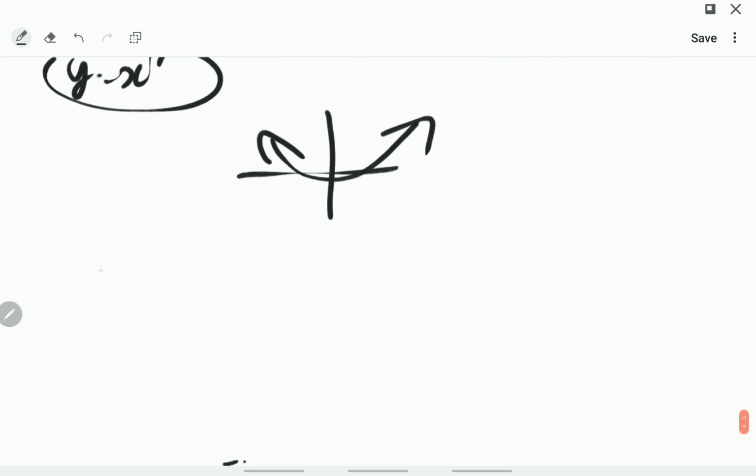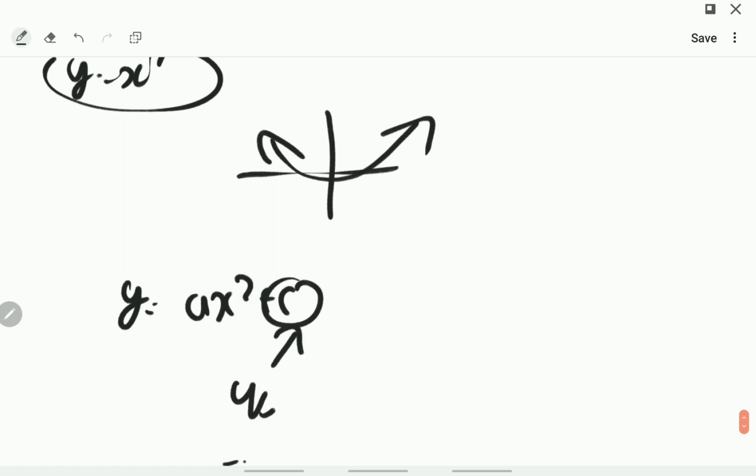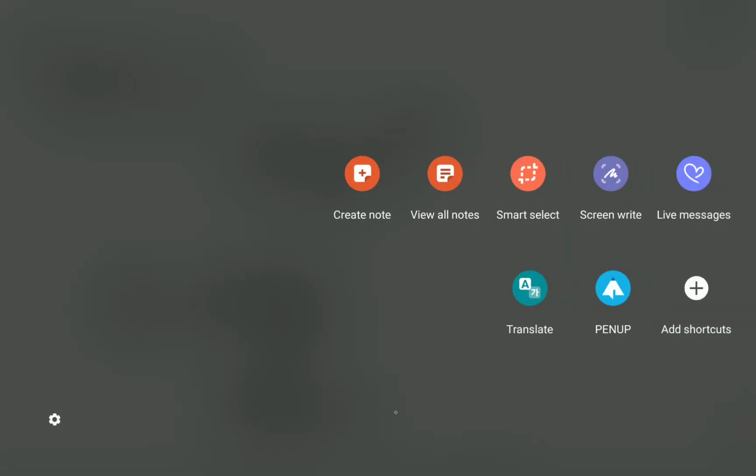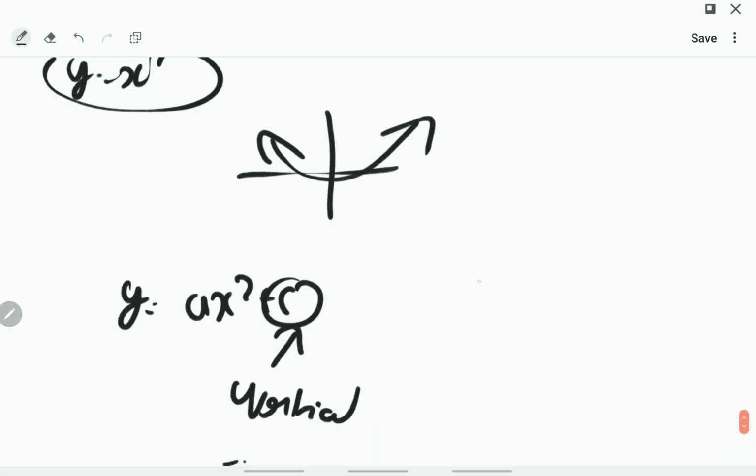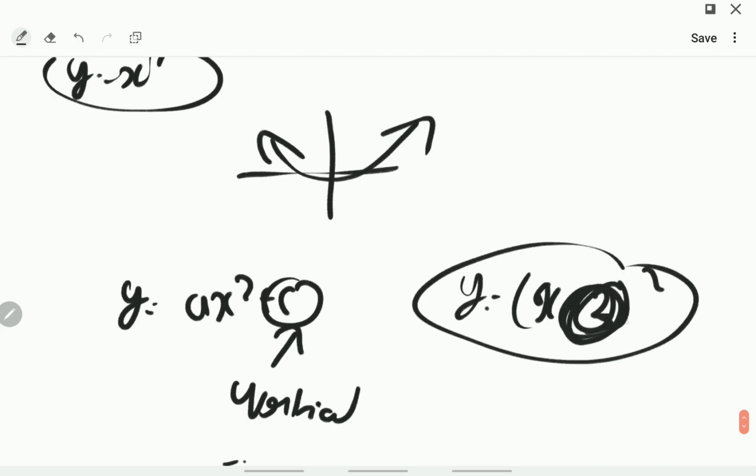And we have vertical translations. So when we say ax squared plus c, the c refers to the vertical translation. And for horizontal translation, you'll see y is equal to (x minus 3) whole squared. This minus 3 refers to the horizontal translation.